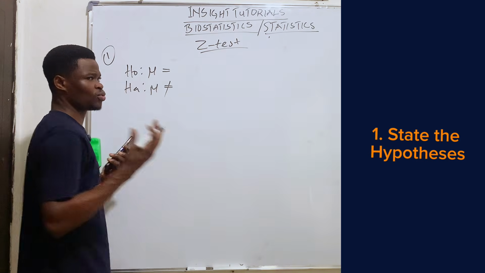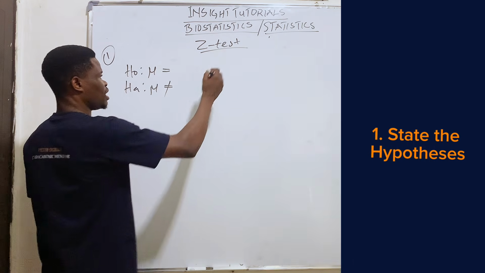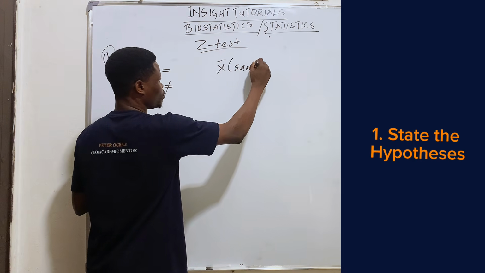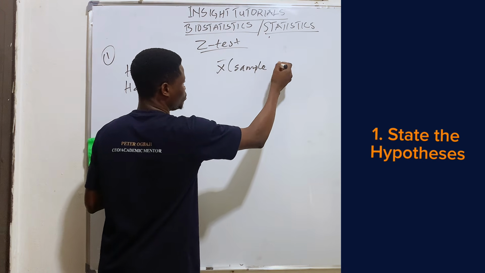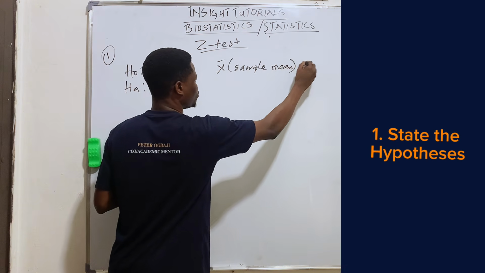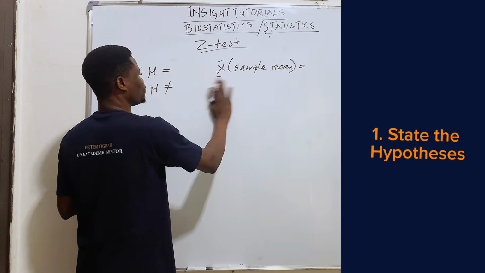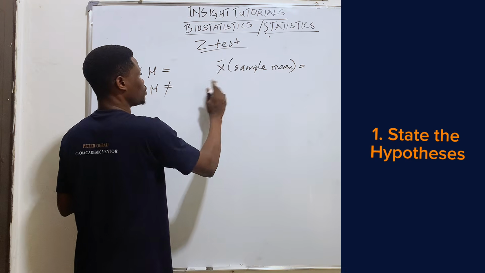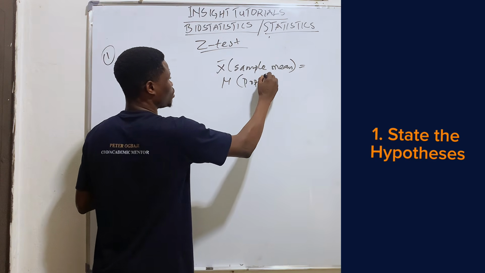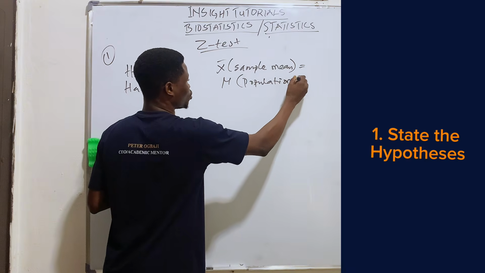So there are 2 averages here. There's the average of the sample, let's say we call it the sample mean. And then we have the population mean, which is the average of the population.